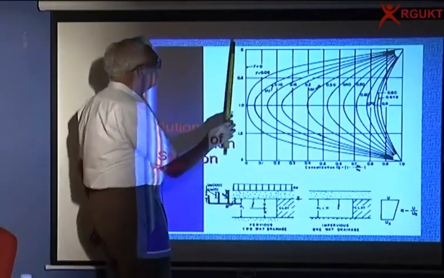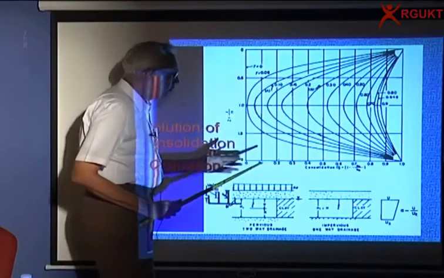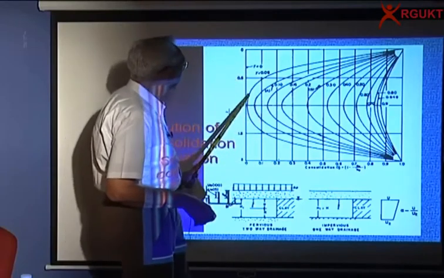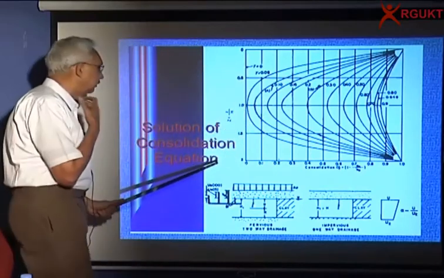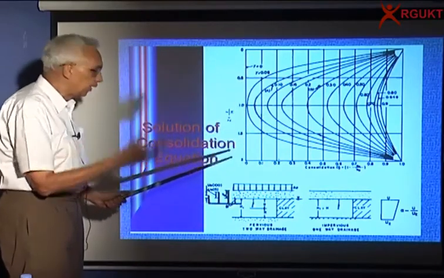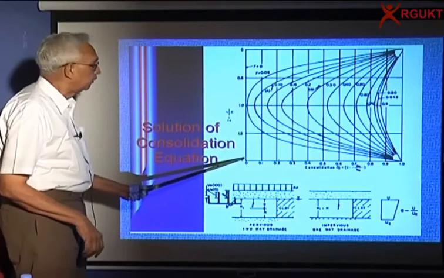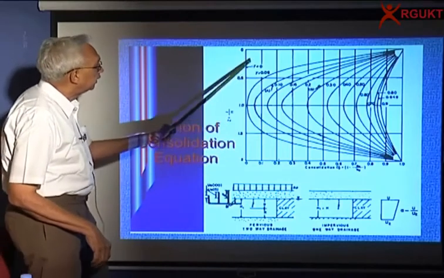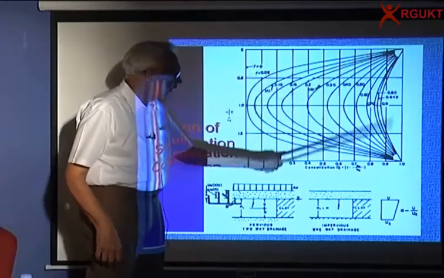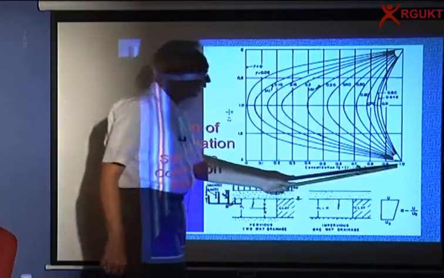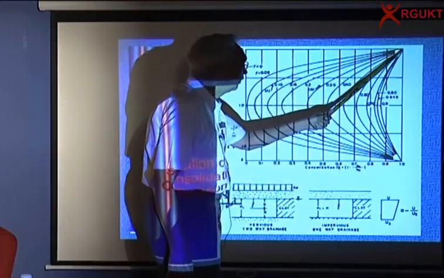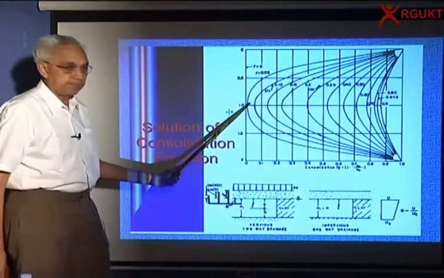Initially, it will be all full, and over a period of time, the dissipation keeps occurring. At T equal to 0, consolidation is 0, the pore pressures are 100%, and effective stress is 0. Then the dissipation takes place, and the degree of consolidation with depth is 100% at the two drainage boundaries and the least at the center.